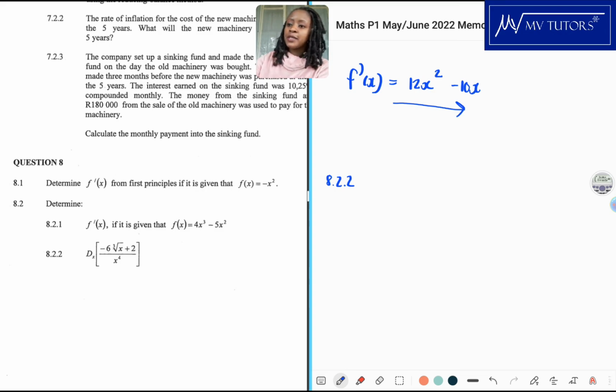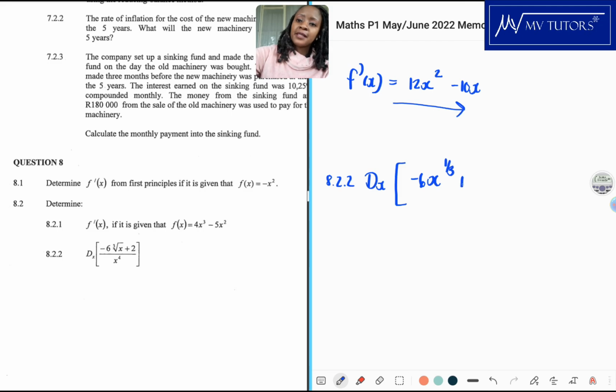It is quite loaded. So what are we going to do? We have negative 6, okay? And then x, if we have a square root, root 3, basically, it's the same as saying x to the power a third, okay?